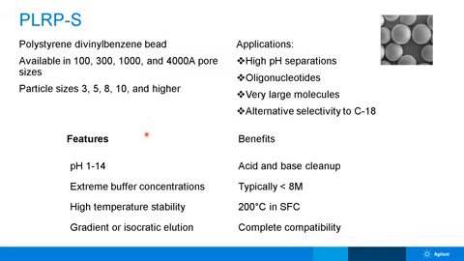Some of the features of this column consist of a wide pH range from 1 to 14, the capability of handling extreme buffer concentration, less than 8 molar, high temperature stability, and this column can be used for both gradient or isocratic elutions. Some of the applications that utilize this column are high pH separations, oligonucleotides, and the analysis of very large molecules. It's also a good alternative selectivity to C18.